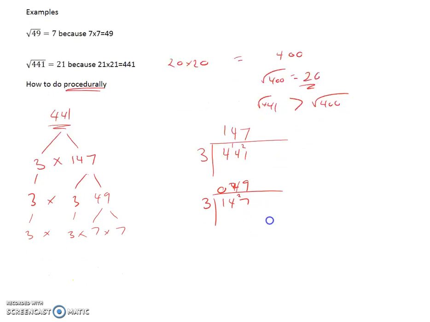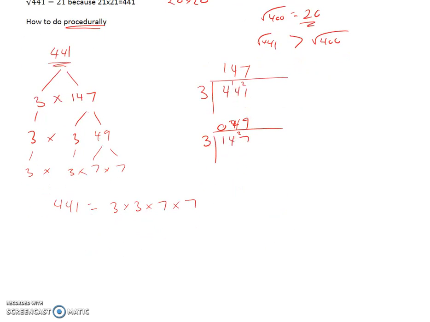Okay, so what does that mean? It means that 441 could be written as 3 times 3 times 7 times 7. And how can I use this to find the square root of that number? Well, I know that the square root of a, say, is some number times the same number that gives me back a.